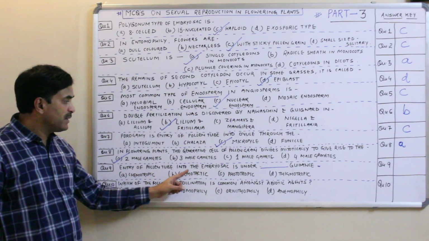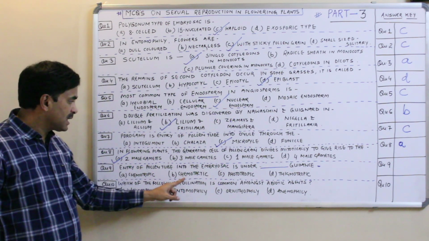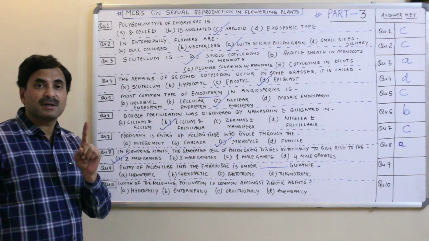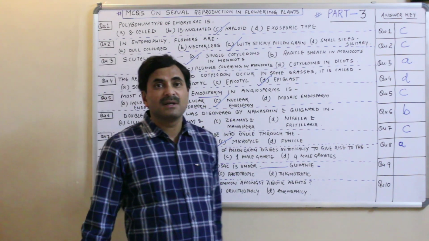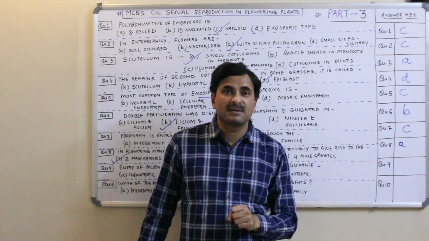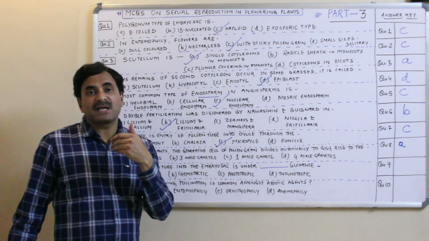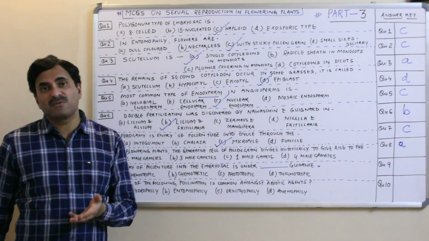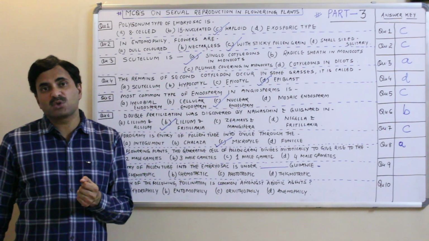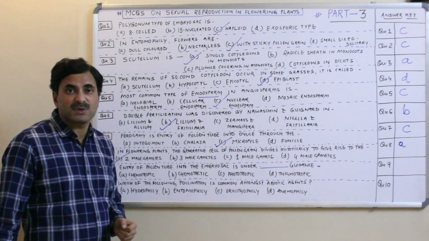Now, entry of pollen tube into the embryo sac is under which guidance? Chemotropic, chemotactic, phototropic or thigmotropic? Always remember that there are a few structures such as obturator and filiform apparatus found in the ovule, which secrete certain chemical substances which give chemical guidance to the pollen tube so that it enters into the ovule and ultimately into the embryo sac.